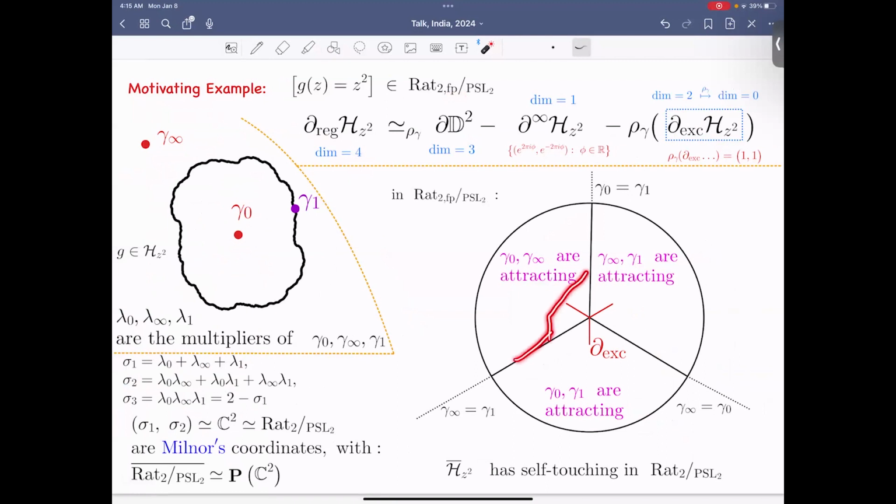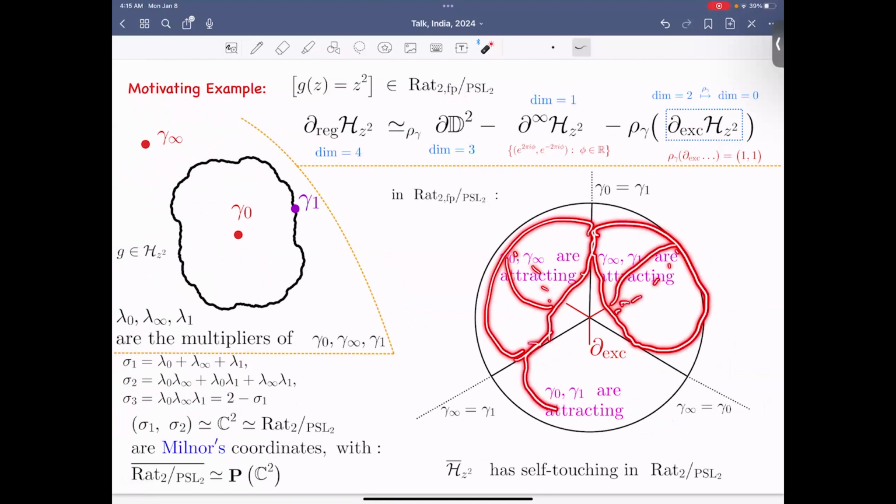But since we do mark, there are several hyperbolic components in the marked space of rational maps that correspond to the square. So because we have marked fixed points and there are pairs, and two of them can be attracting. So this is roughly the arrangement in the space of marked rational maps.